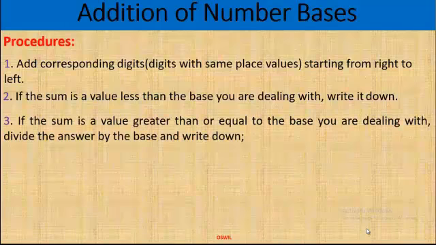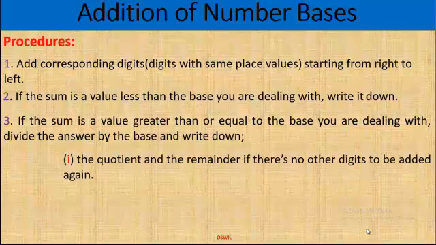Third, if you get a sum that is greater than or equal to the base you are dealing with, you then have to divide that answer by the base, and you write down the quotient and the remainder.